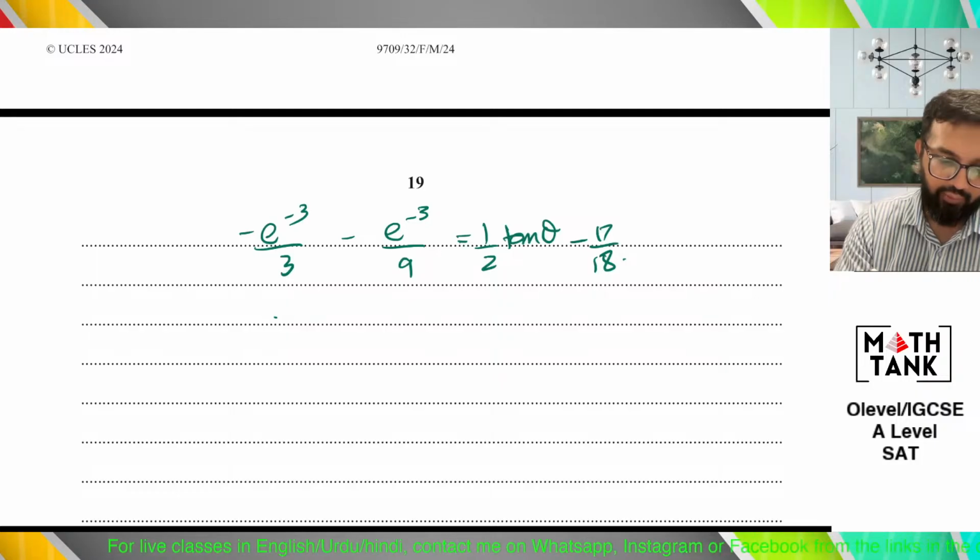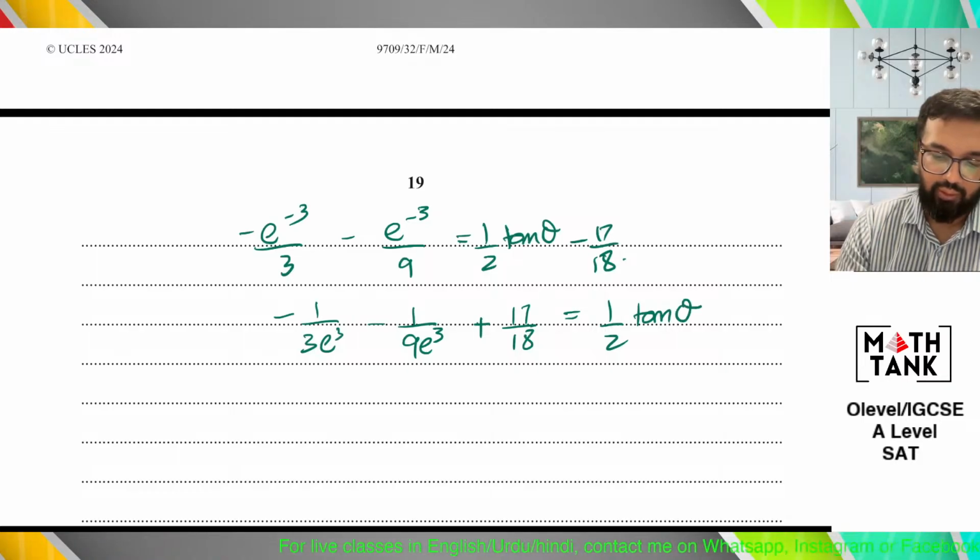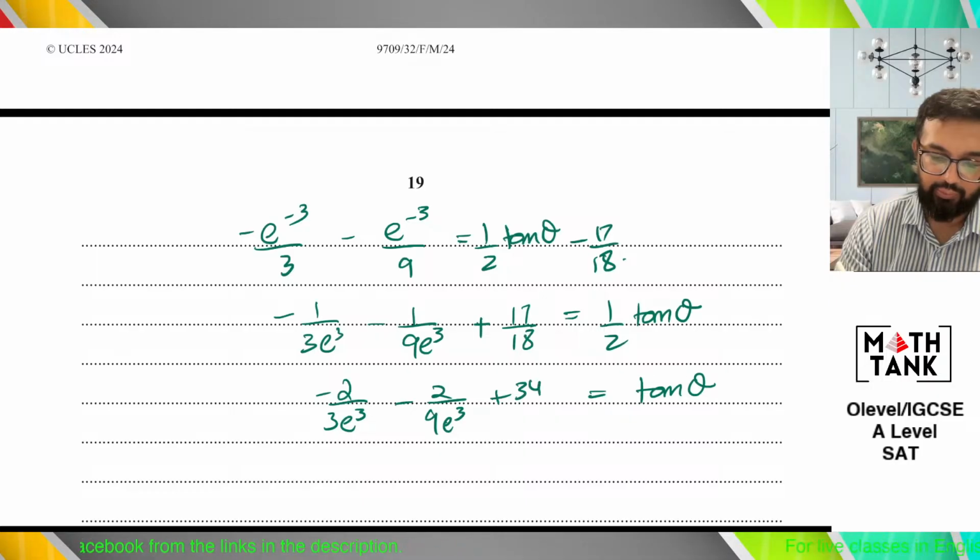Okay, let's move the powers. E power 3 minus e power 3. Okay, to be honest, I can just do tan theta and cross multiply the two. I think this should work without having to simplify anything.